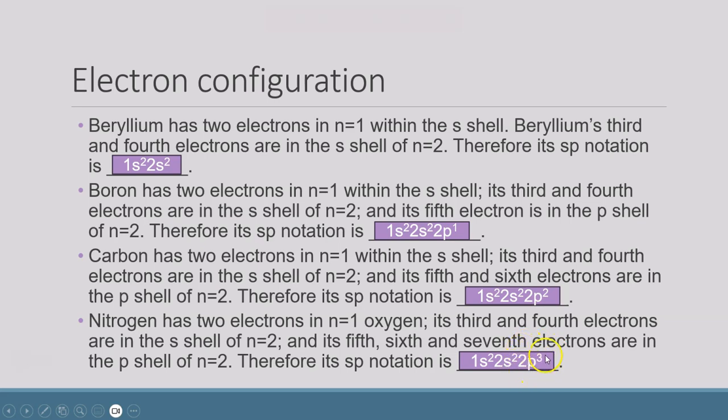Note that we're not differentiating between the different p orientations here. A p shell can hold up to 6 electrons in total because it's got 3 p orbitals. So we do not differentiate between the different p orientations. We just go 2p1, 2p2, 2p3. The highest that it can be is 2p6 because a p shell can hold a maximum of 6 electrons.